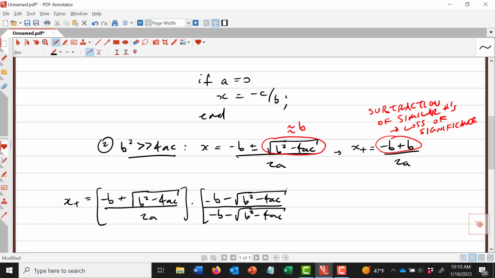We're going to use the difference of squares to achieve our goal here of avoiding our loss of significance. So using the difference of squares, we get b squared minus 4ac up top. In the bottom, there's 2a times minus b minus square root of b squared minus 4ac.